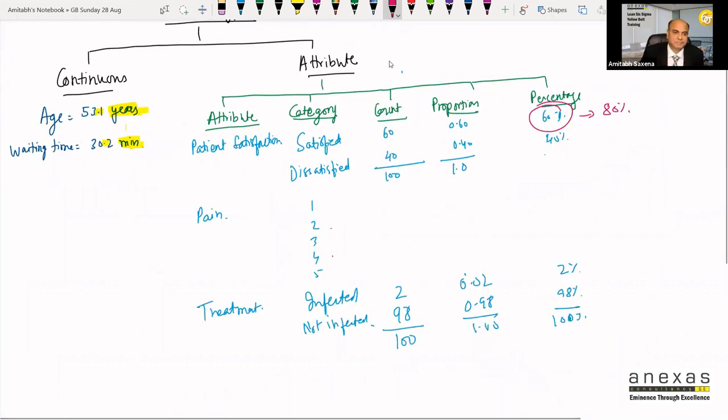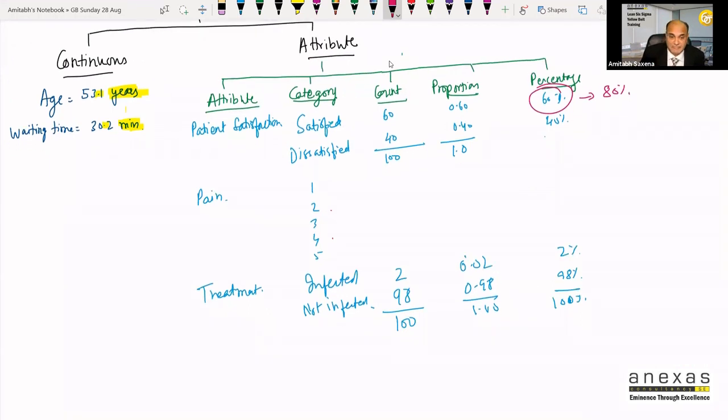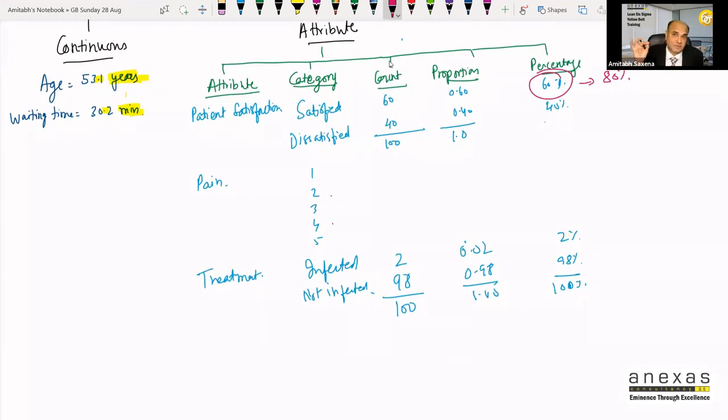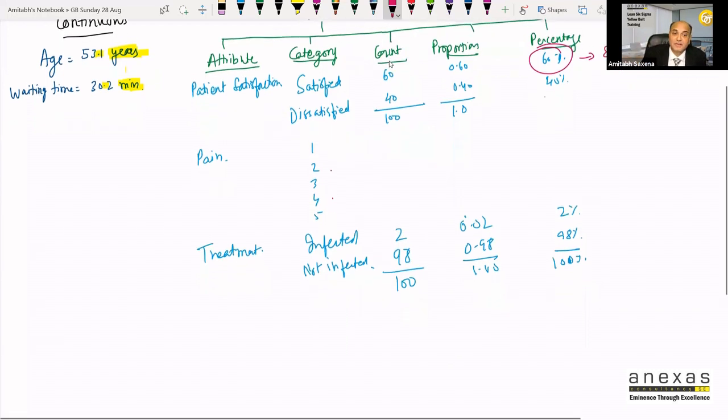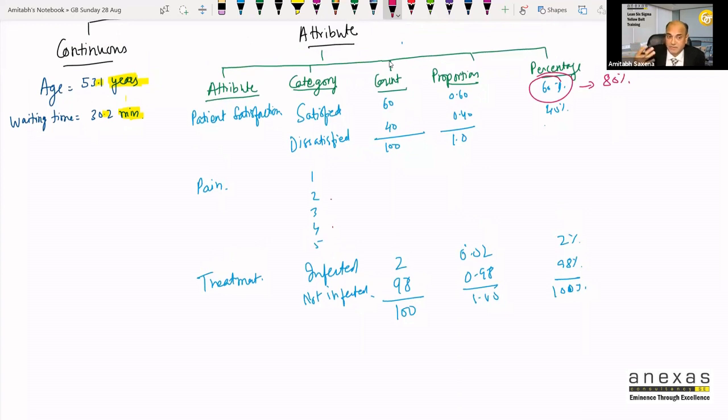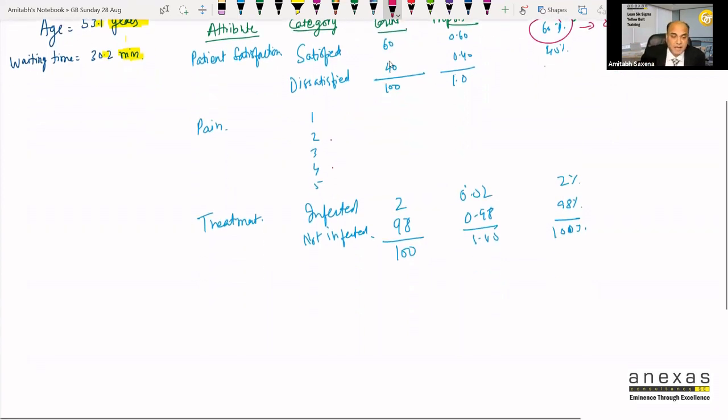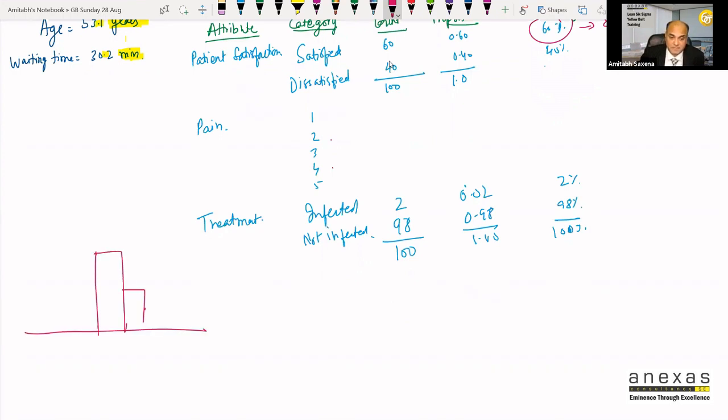Okay, great. Now, continuous data. The tools used to deal with continuous data are different, and the tools used to deal with attribute data are different. So when you are looking at tools to deal with continuous data, I can make a histogram. I'll talk about this a little bit.